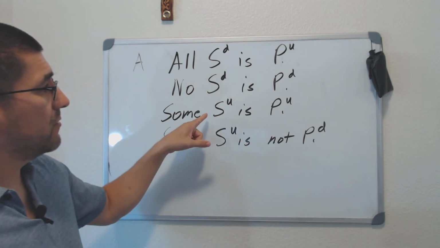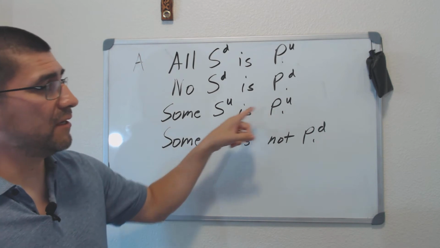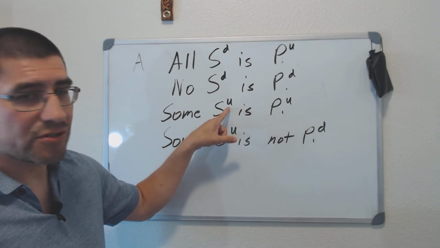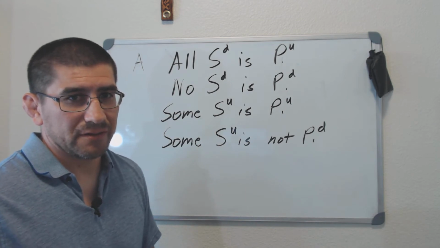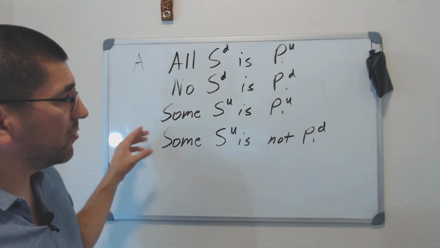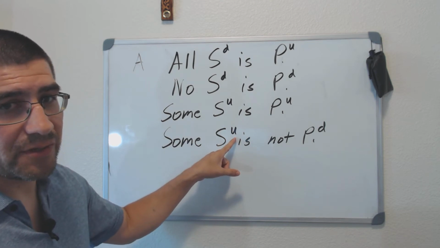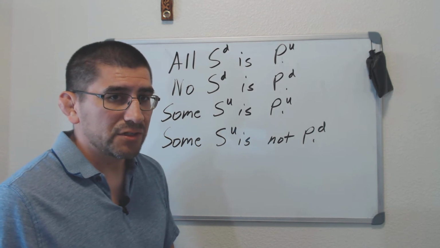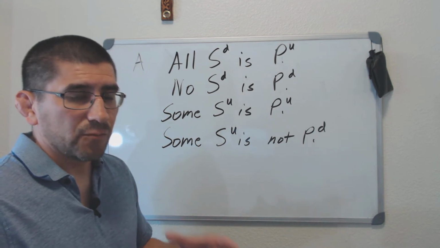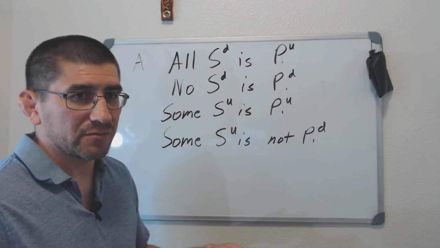Okay, so with this next proposition, the I proposition, some S is P, the subject term is undistributed and the predicate term is undistributed. Okay, and so with the O proposition, the last one, the subject term is undistributed and the predicate term is distributed.